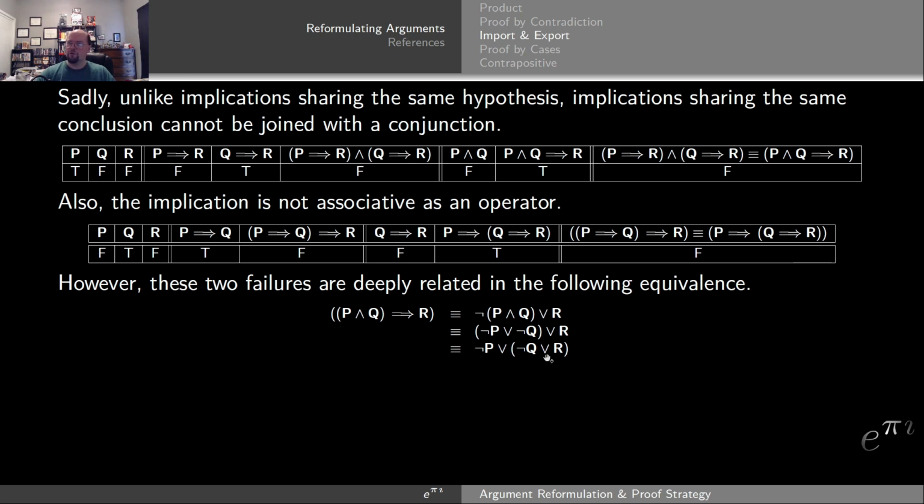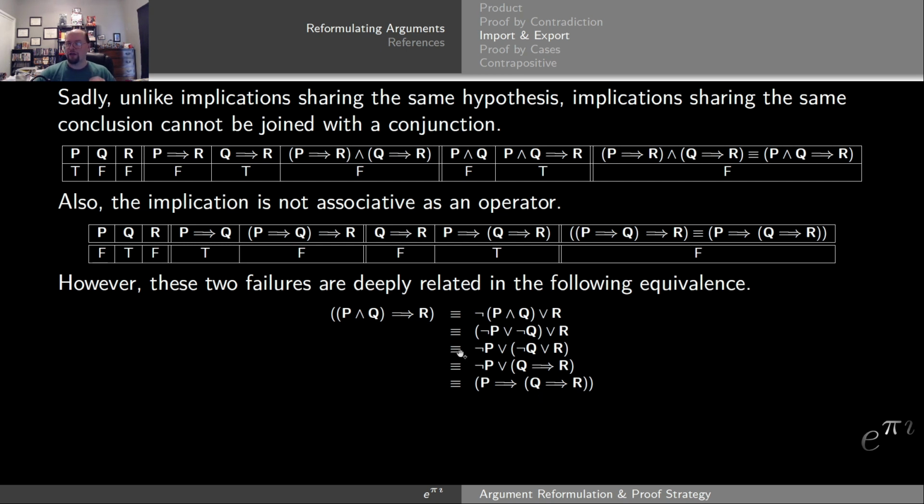Now, negation Q, disjunction with R can be rewritten as the implication, Q implies R. But so can negation of P disjunction. I can rewrite that as implication also, giving me P implies the implication, Q implies R.